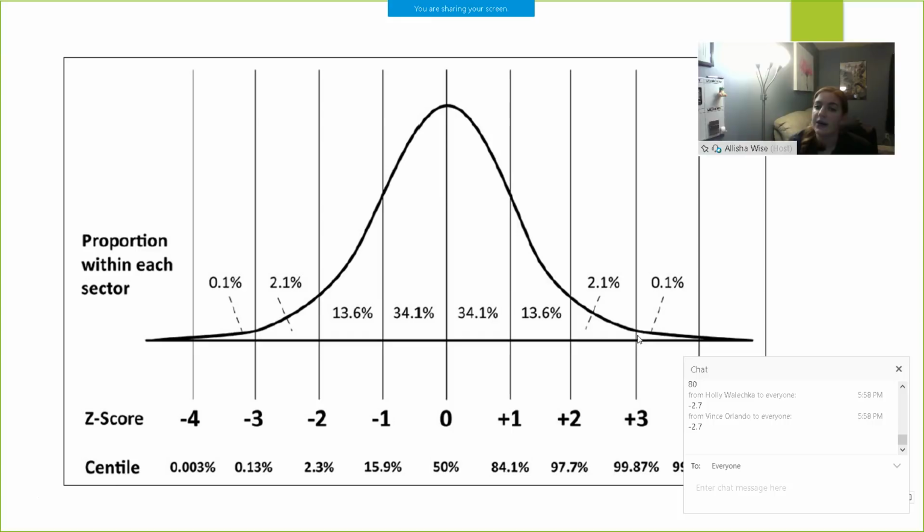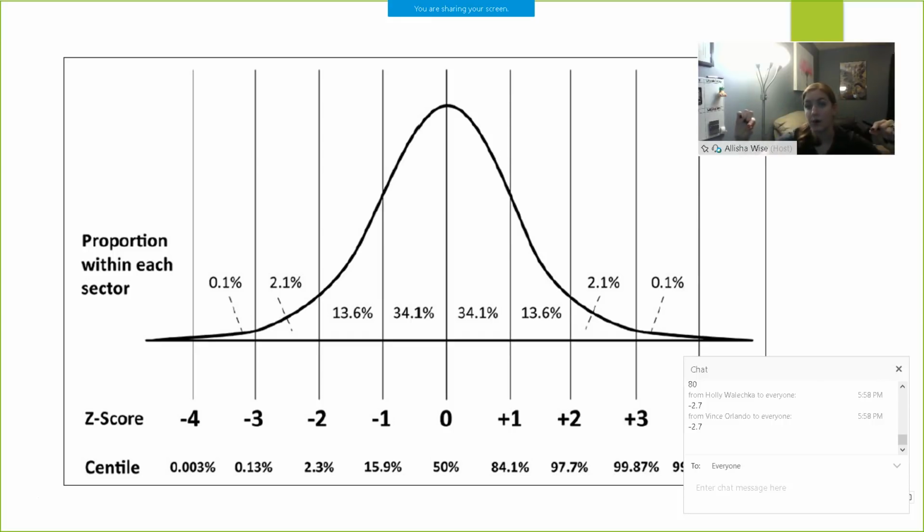So if you see here, remember the probability that it will occur is the area above that number, and you can see that the area above that number gets smaller and smaller as you get further away from the mean. So it's less likely to happen as you reach to the ends.